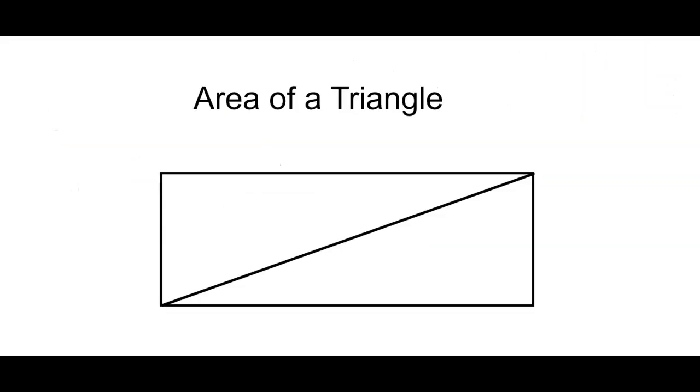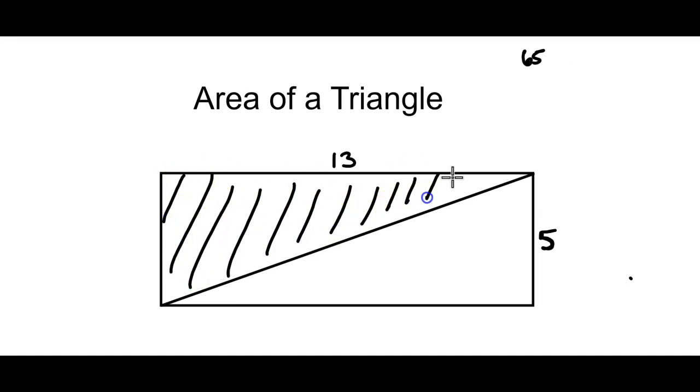So then it takes us to the area of a triangle. Looking at this, we're going to start with our rectangle. Now imagine if we had that 13 by 5 rectangle again. We said the area of that was 65 units squared. But what if I had a triangle that only covered half of that rectangle? Notice the area of this triangle I just shaded in is half of the rectangle.